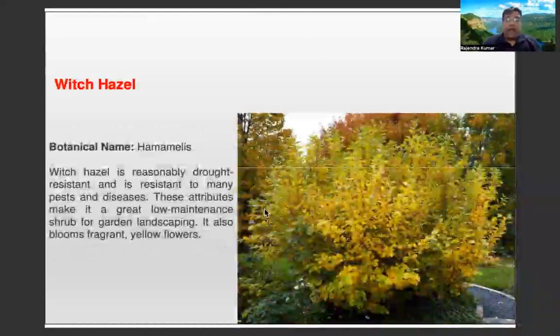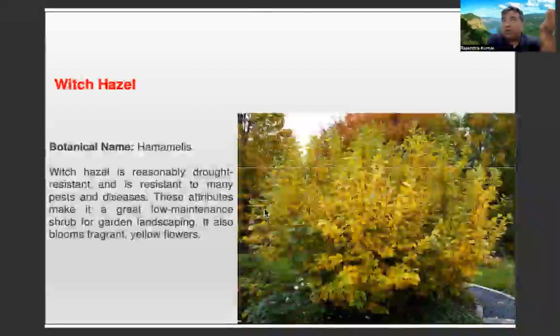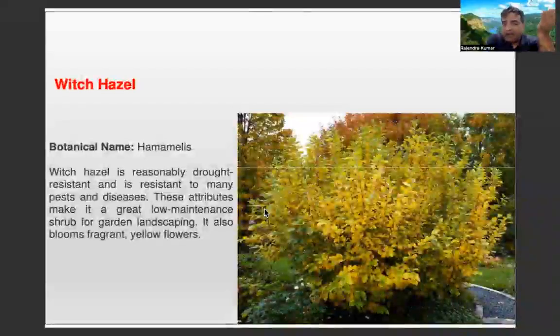Then witch hazel. Witch hazel is a bush-type landscape plant, and it expands a lot.